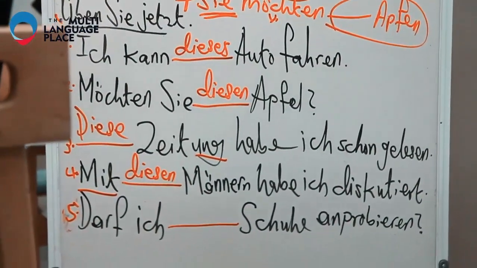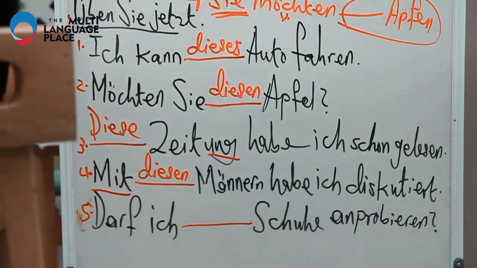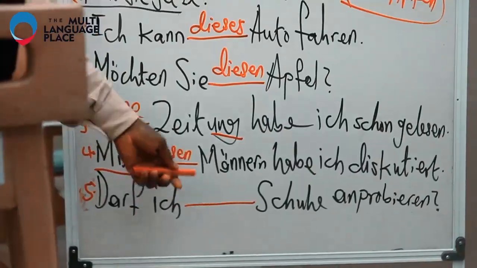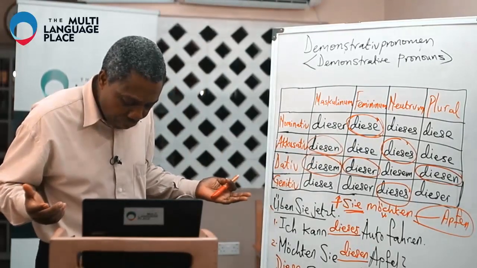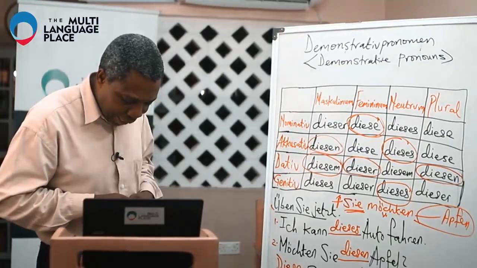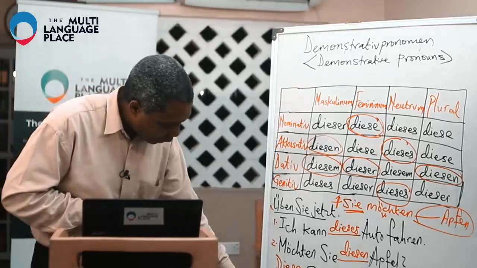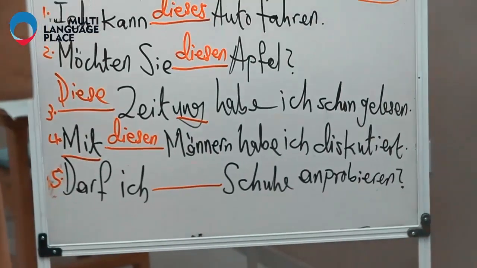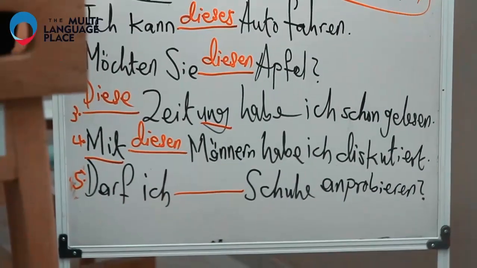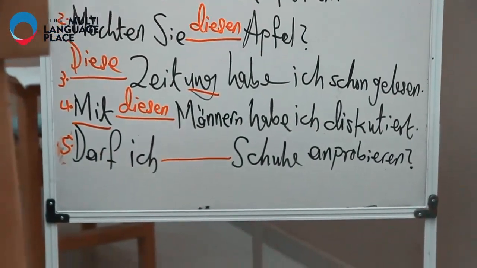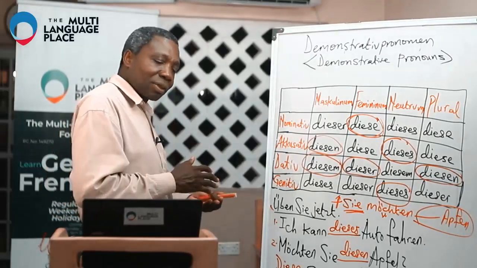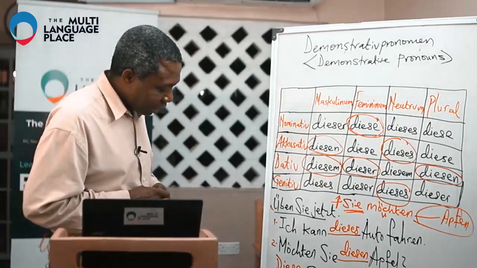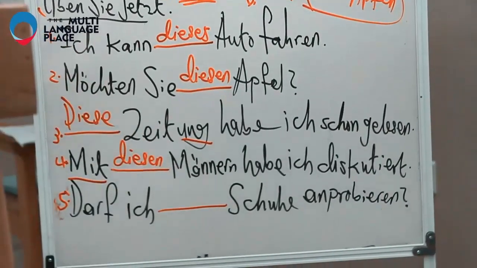So let's start. Darf ich, we are going to look for the questions, which of these are we going to put here? Which of them are we going to put there? So let's look at it. Darf ich. This is feminine, die Schuhe, and let's look at it. Is it nominative, accusative, oder dative? So we have this one, of course, in the accusative.